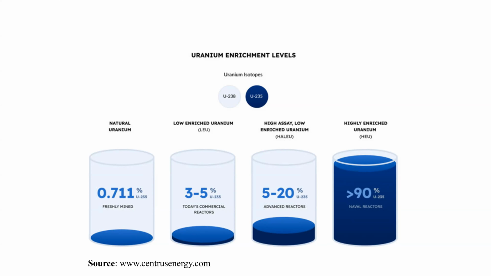The natural abundance of uranium-235 is 0.7%, and if you need to put it in a nuclear reactor, usually you enrich it to 3 to 5%. For research reactors or advanced reactors, it goes all the way to 20%. Above 20% is considered high enrichment. Above 90% is used for nuclear weapons.